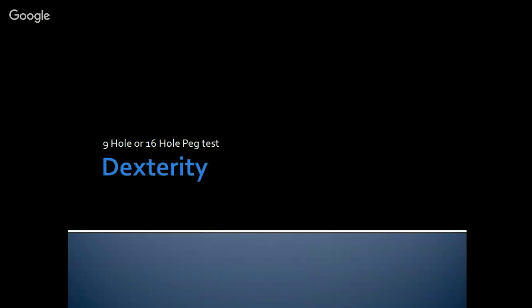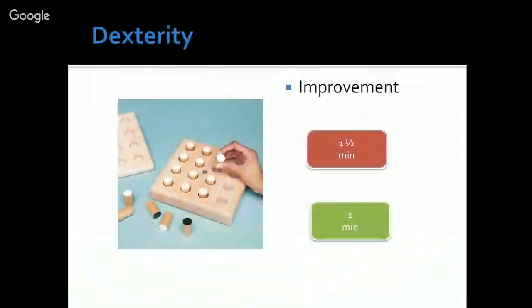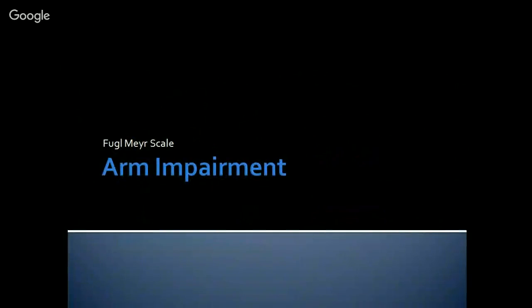The next outcome is dexterity. If the patient is asked to perform a 16-hole peg test, and if he initially comes with the ability to complete it in 1.5 minutes, the patient may improve as much as completing in 1 minute. And arm impairment is measured using the Fugl-Meyer scale.